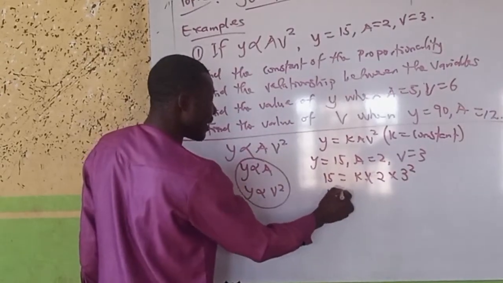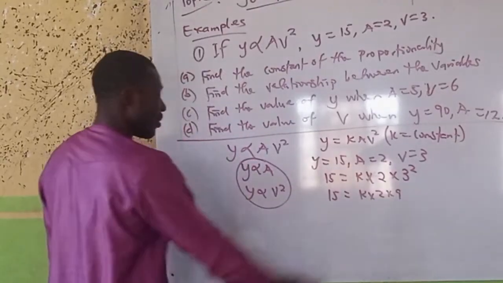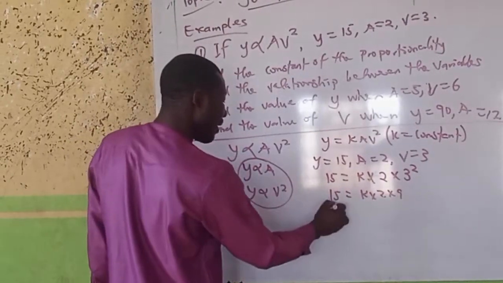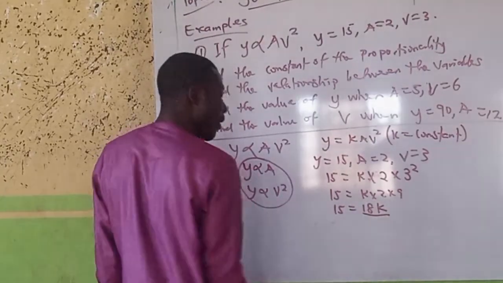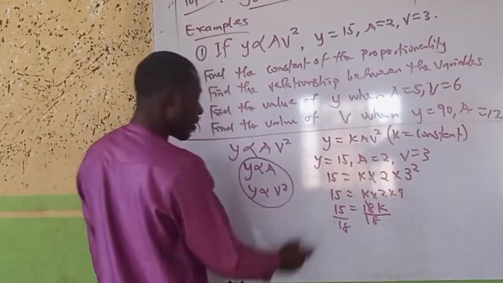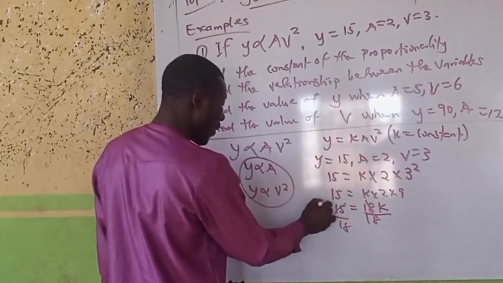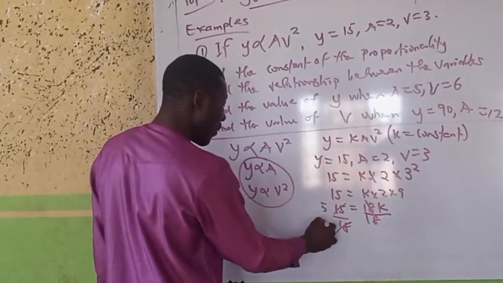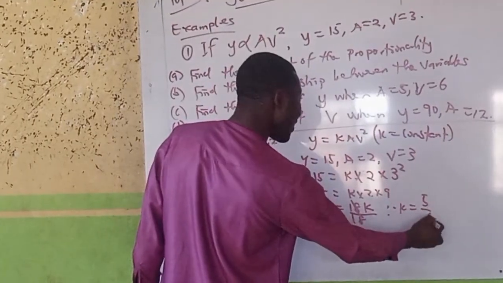This gives us 15 equals k times 2 times 9, so 2 times 9 gives us 18. We have 15 equals 18k. We divide both sides by the coefficient of k, which is 18. Dividing by 3, 15 gives us 5 and 18 gives us 6. Therefore, k equals 5 over 6.